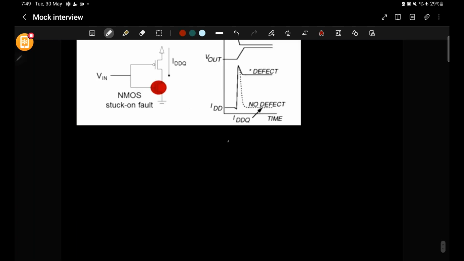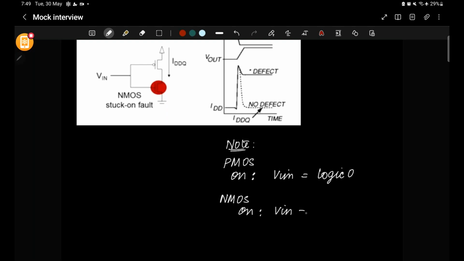I'll just write it in the note. PMOS will be on when Vin is logic 0, and NMOS will be on when Vin is logic 1.